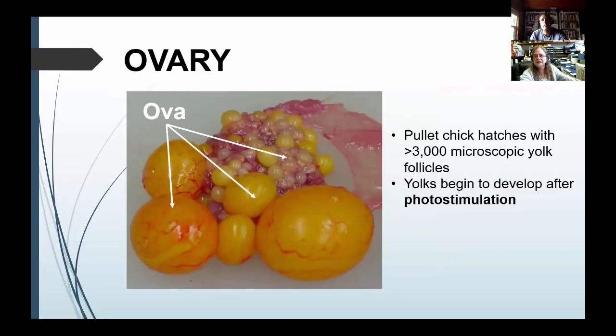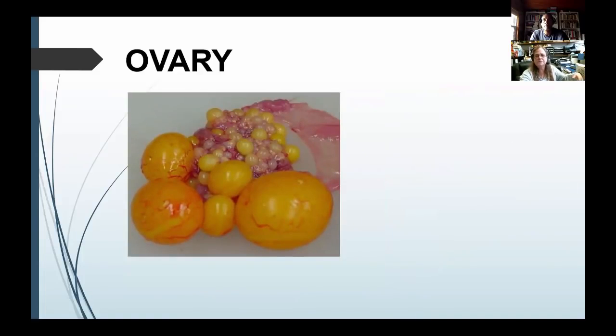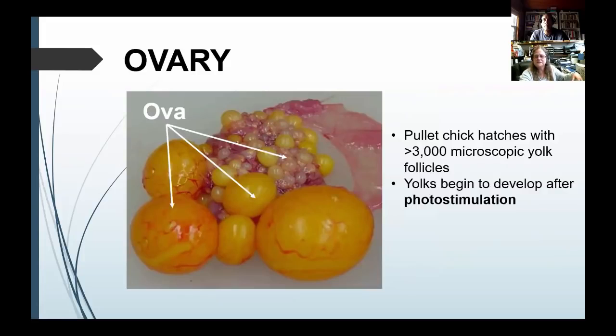And chickens are sensitive to the number of hours of light in the day. They come into production with increasing day length and go out of production with decreasing day length. So photostimulation refers to increasing the number of hours of light per day to stimulate the pullets to come into production.